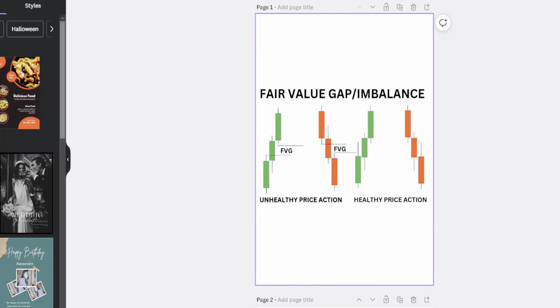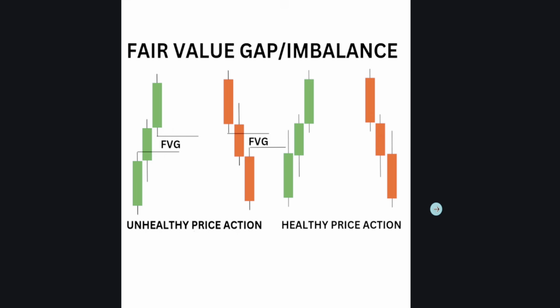Let's start by recapping what exactly is a fair value gap. A fair value gap, also known as an imbalance, is basically when you have at least 3 candlesticks printing either in a bullish direction or in a bearish direction. And then in this 3 candle price action, if you have either the high or the low of the candle not connected or not overlapping, so you have 1, 2, 3 candles, right?